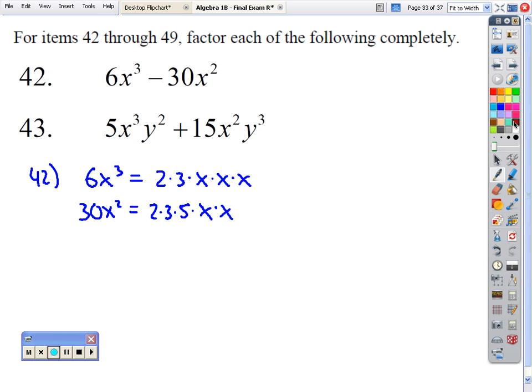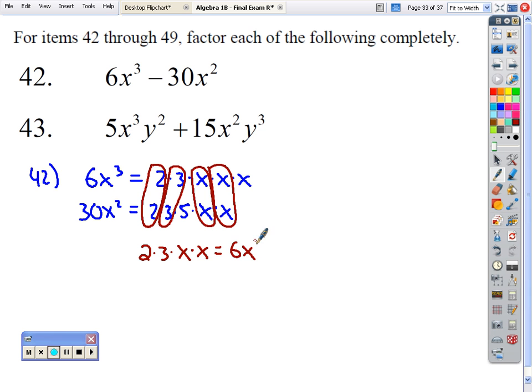Okay. What I'm going to do now is I'm going to circle what they have in common. So I circle a 2, a 3, and 2 x's. So that's 2 times 3 times x, or 6x squared. Okay? So that is what the greatest common factor is, and now I'm going to write that outside a set of parentheses, and I'm going to put what's left over inside the parentheses.